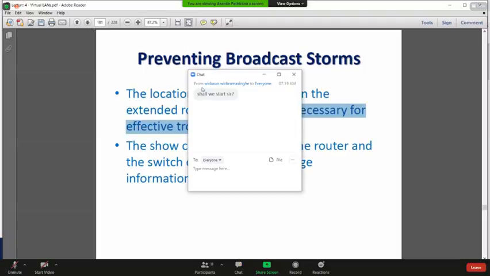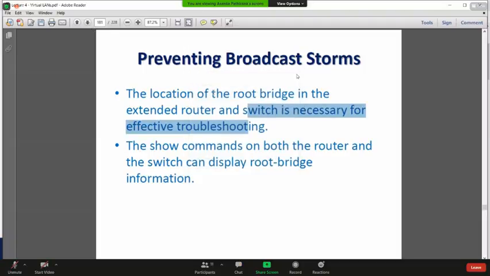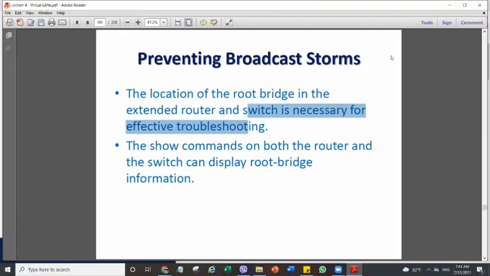Right, it focuses on the first thing, location of the root bridge in the extended router. Extended router. Usually we are talking about this spanning tree protocol at the layer 2 level.